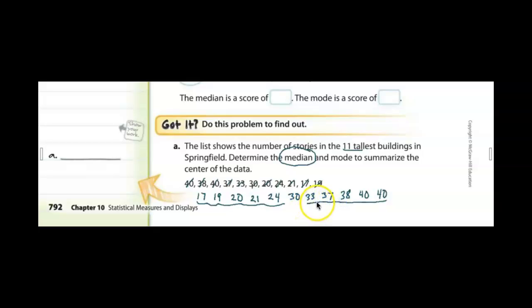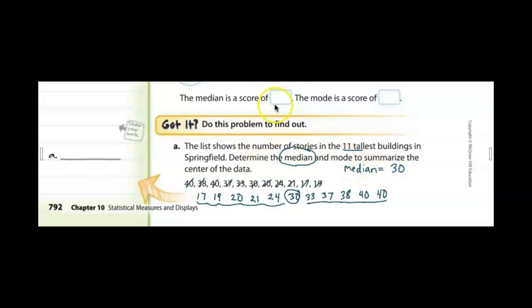So what is going to be the median value? That's correct. The median is going to be 30. So I'm going to label that 30.